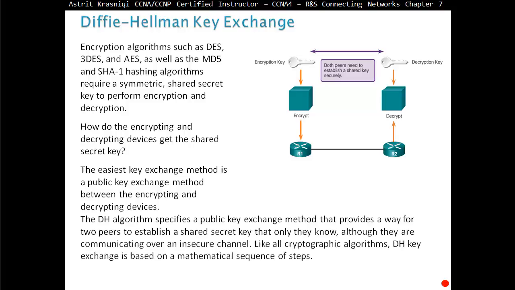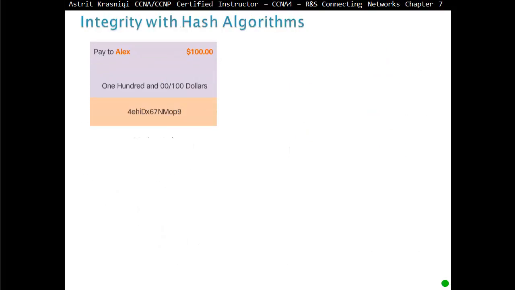The Diffie-Hellman algorithm specifies a public key exchange method that provides a way for two peers to establish a shared secret key that only they know, although they are communicating over an insecure channel. Like all cryptographic algorithms, Diffie-Hellman key exchange is based on a mathematical sequence of steps.